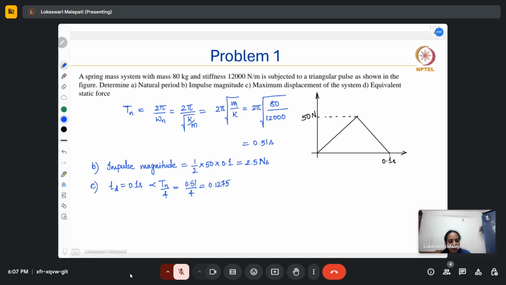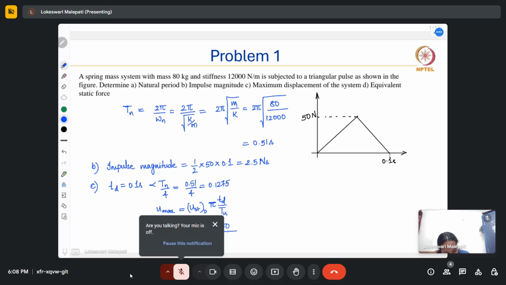In this case, we have a formula for the maximum displacement for the triangular pulse. That is U max is equal to U static multiplied by pi Td by Tn. And what is U static naught? U static naught is P naught by K. Here P naught is 50 Newton and K is 12,000 Newton per meter.